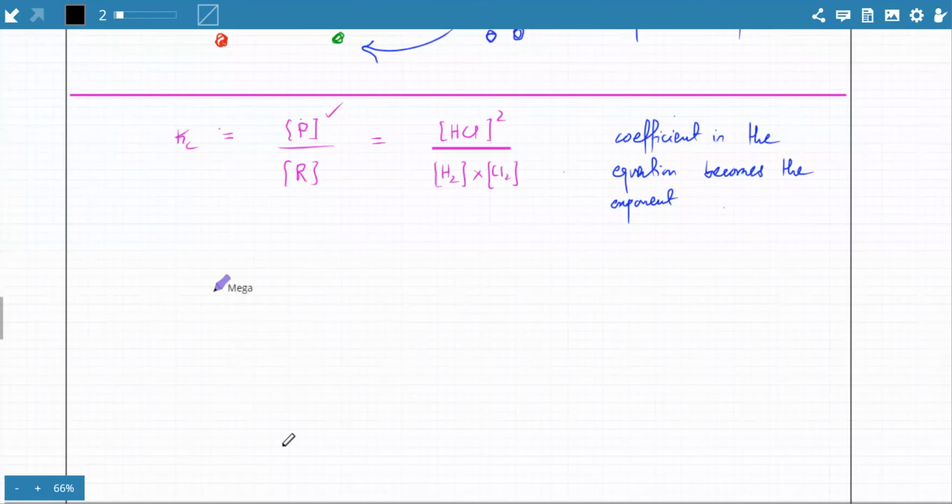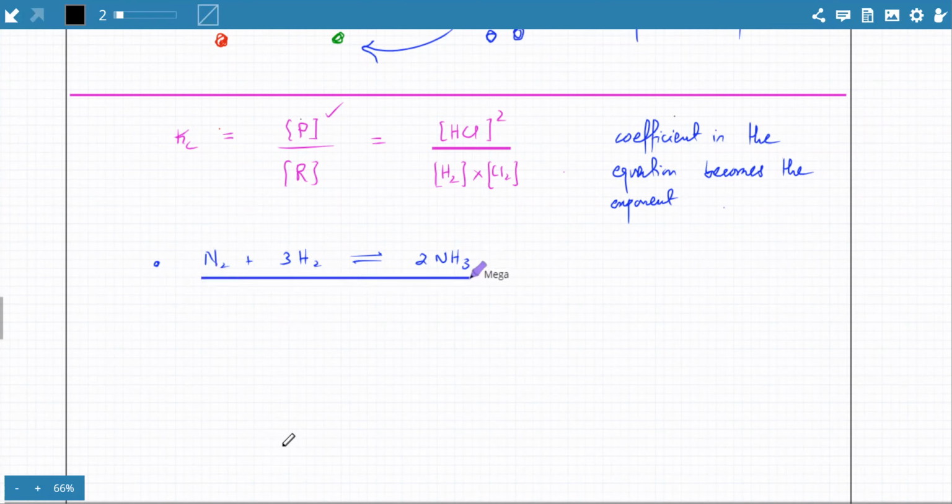Another one would be that I have this reaction N2 plus 3H2 in equilibrium with 2NH3. Now what's the question? What's Kc in this case? The expression for Kc.